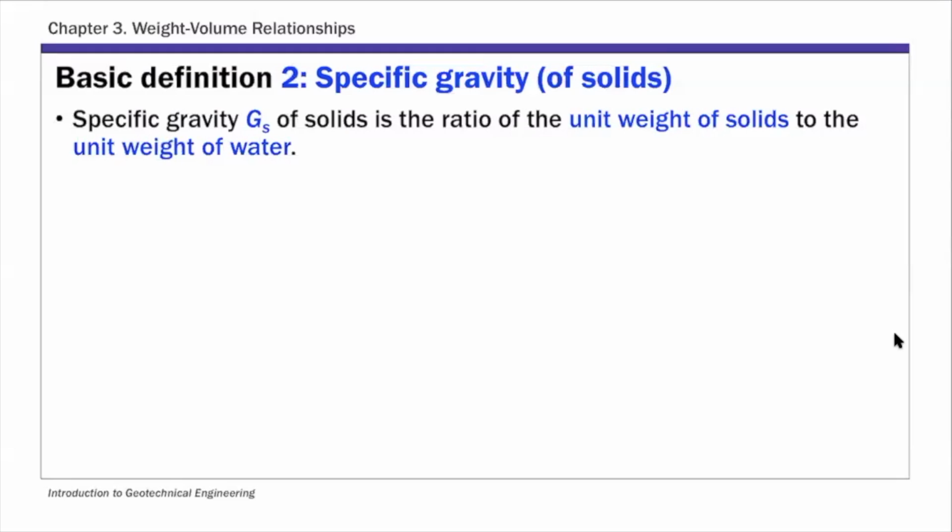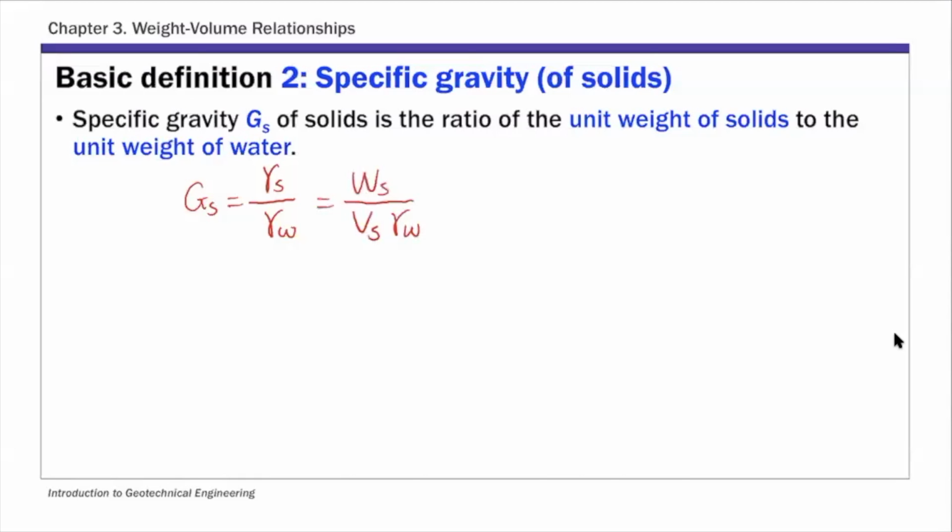The unit weight of solids is gamma S, by definition weight of solids over volume of solids, and the unit weight of water is gamma water, which, remember, is a constant.